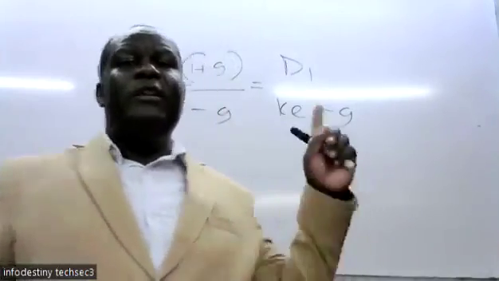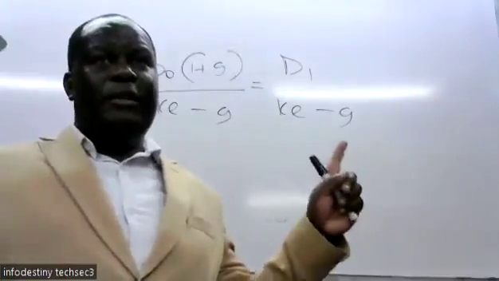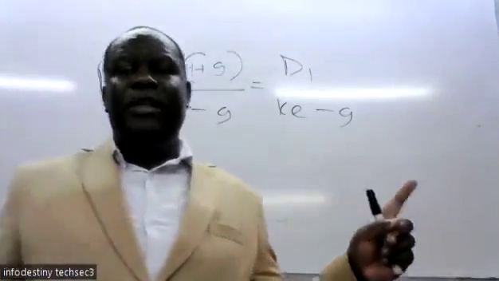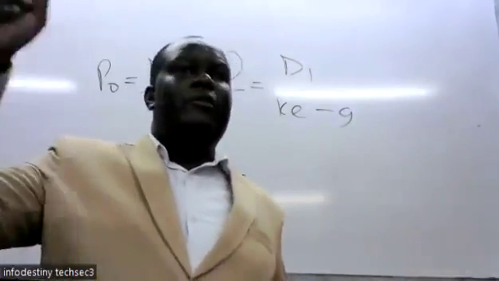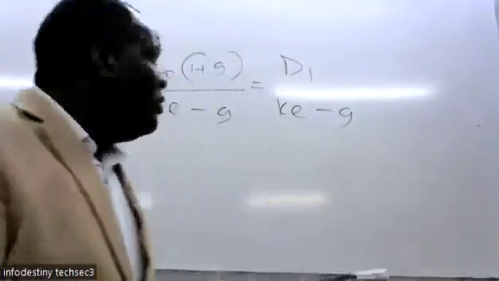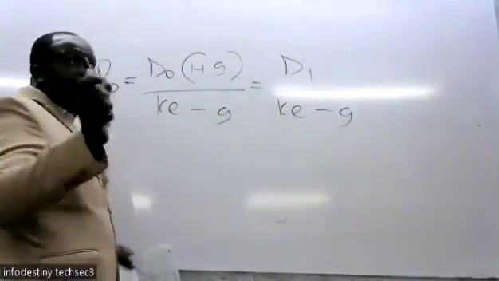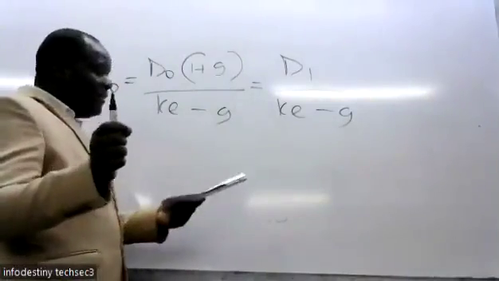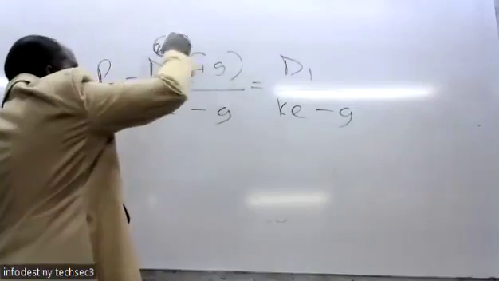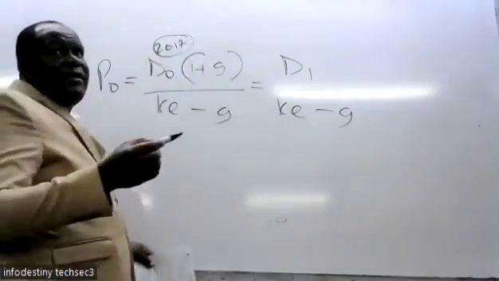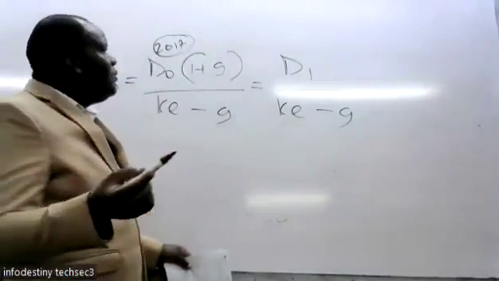My D1 here is not the same as the D1 used in calculating G. We have said that the value of the share is the present value of the future benefit. Our D0 is the last dividend that was paid, which was in the year 2017.